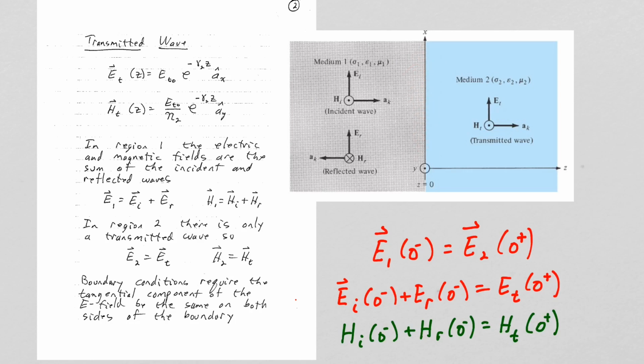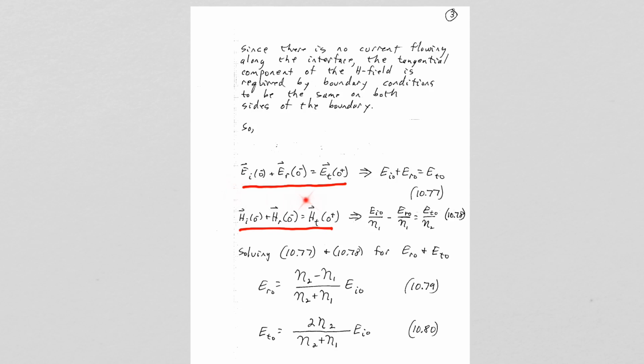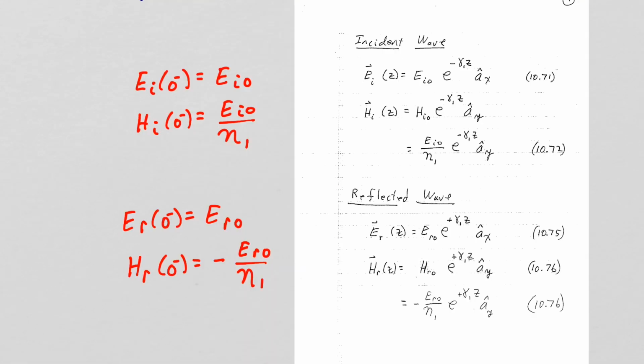So here I'm just rewriting the relationship between the electric and magnetic field intensities at the boundary between the two materials. At z equals 0, we see the electric field intensity is just the amplitude of our electric field intensity, and at z equals 0, the magnetic field intensity is just the amplitude of the electric field intensity divided by the intrinsic impedance of material 1.